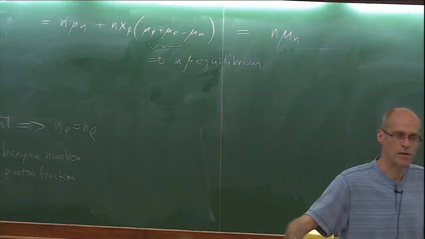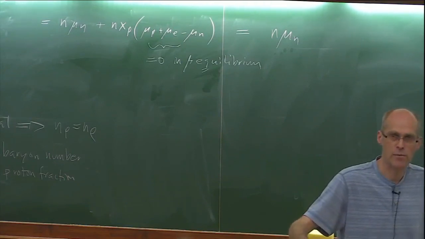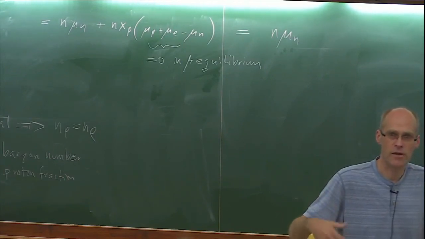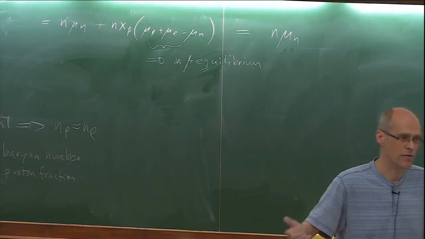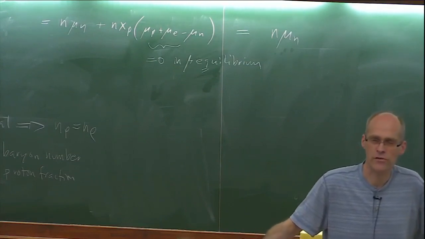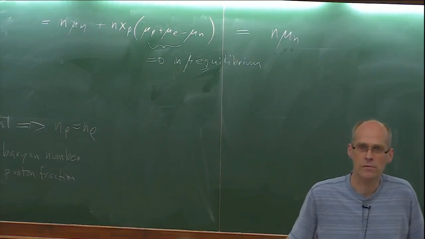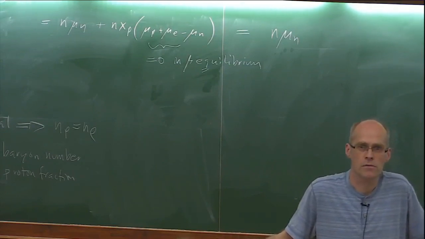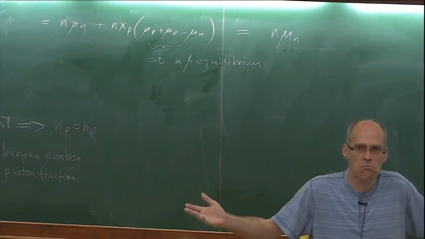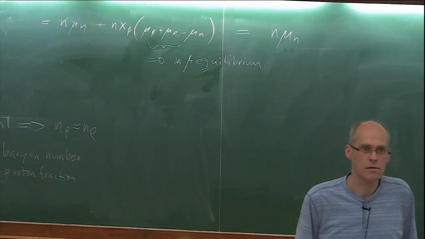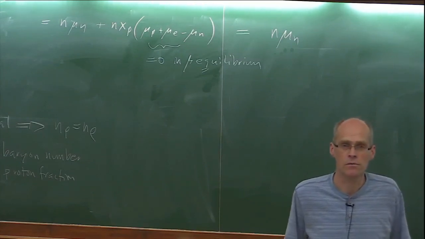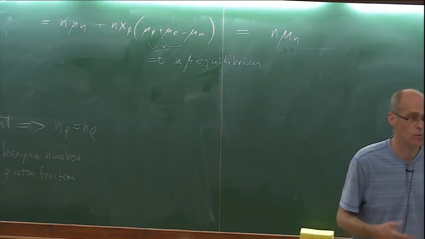And the chemical reactions that want to drive you back to equilibrium act on a timescale of something like a year, several months. So they can't do this job. The matter is not in equilibrium. It can't be a barotrope. We're missing something. Is it important? I don't know. But it's clear already that we're missing something.